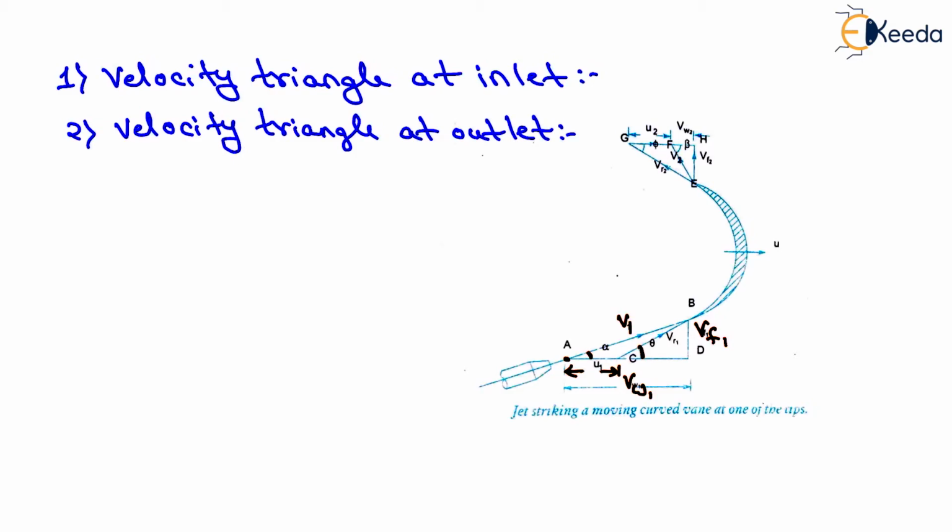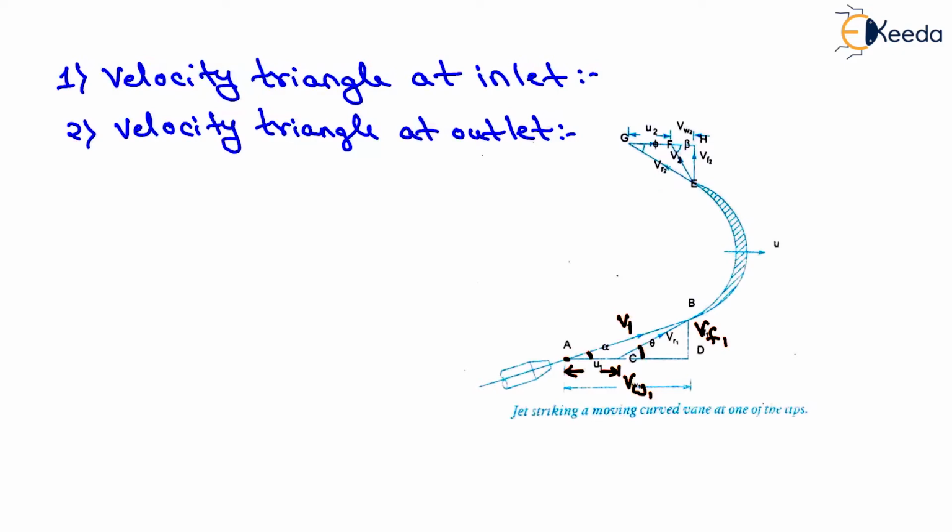If the vane surface is assumed to be very smooth, the loss of energy due to friction will be 0. The water will be gliding over the surface of the vane with a relative velocity equal to Vr1 and will come out of the vane with a relative velocity Vr2.